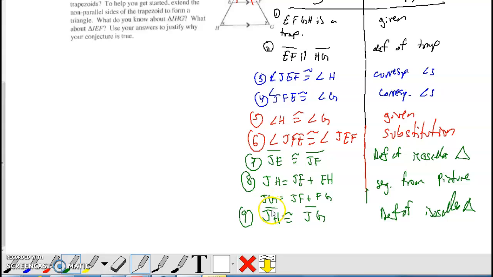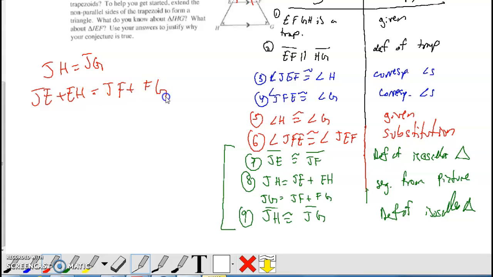And if that is the case, we can use a little bit of substitution. If I use all of this information, let's bring it out over here. First I know that JH is equal to JG. So based on this, I can now say JE plus EH is equal to JF plus FG, right? So that's exciting.